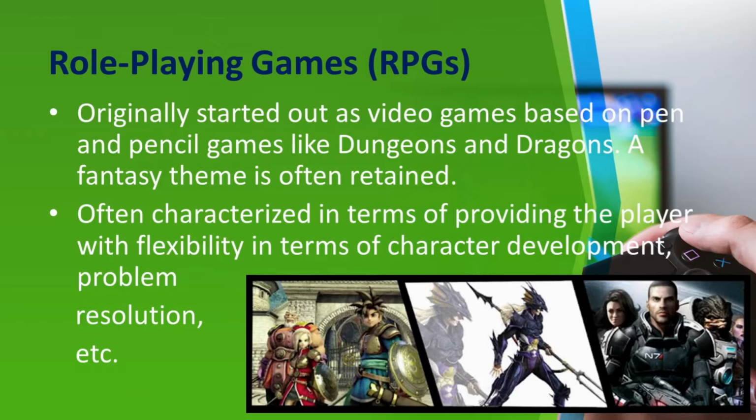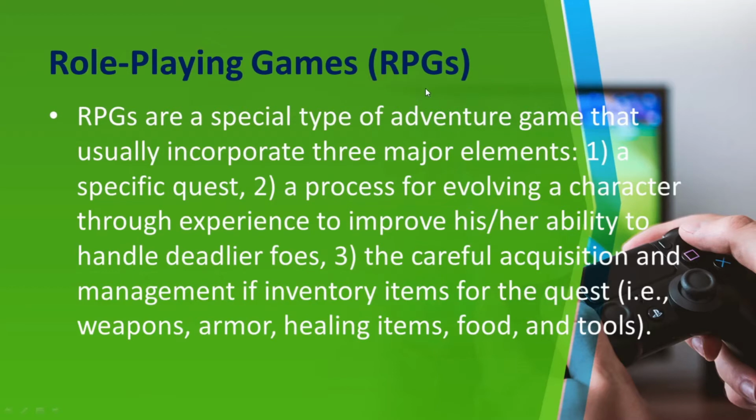So, RPGs are a special type of adventure games that usually incorporate three major elements. So these three major elements are the ones that differentiate RPGs from other genres such as adventure games or fighting games or action games. So the first one will be a specific quest.